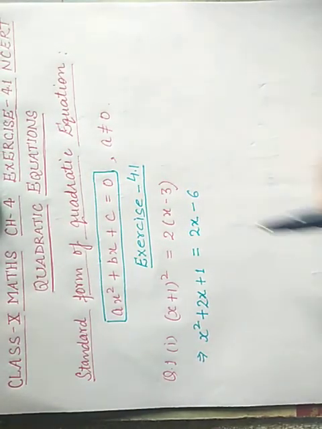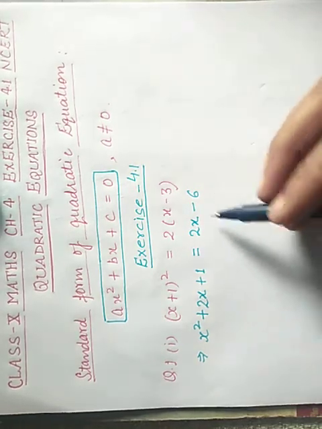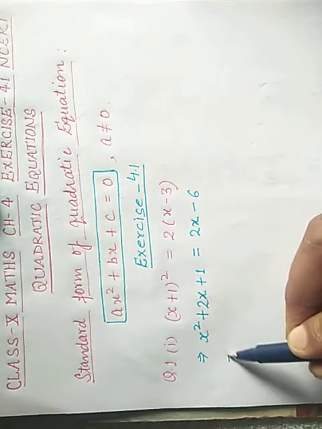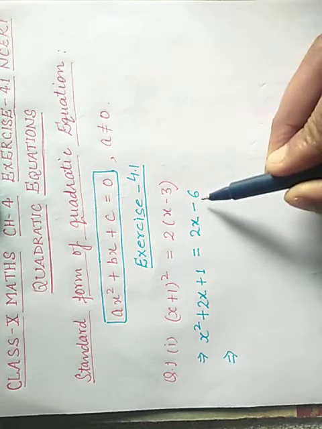Okay, in the next step we will bring all the terms on the right side to the left side. All the terms here we will bring to the left side.